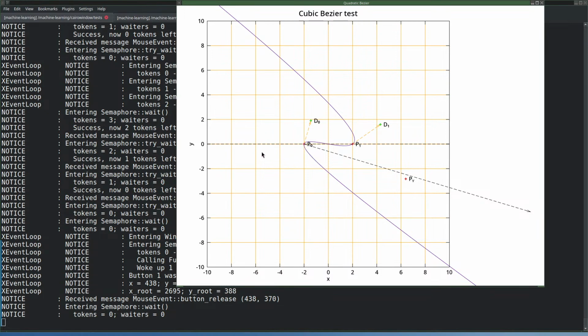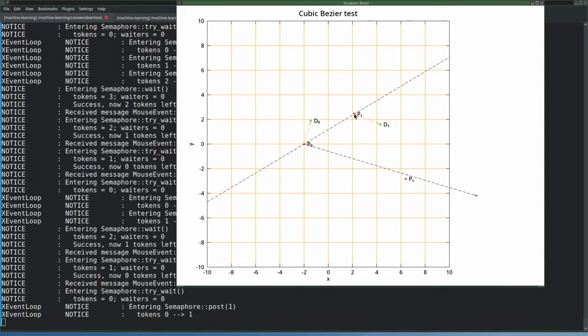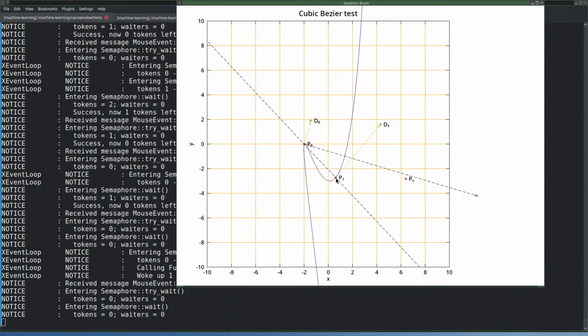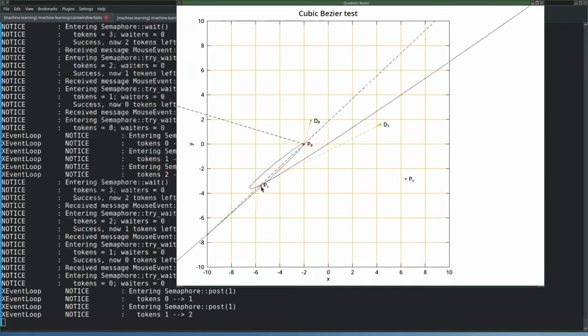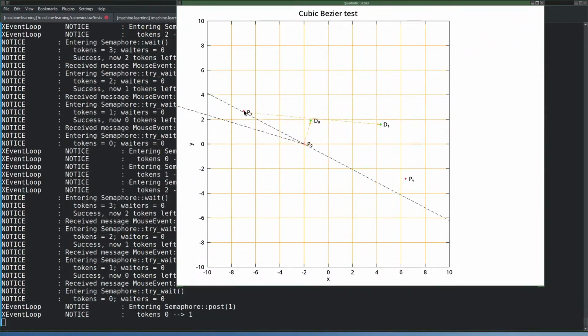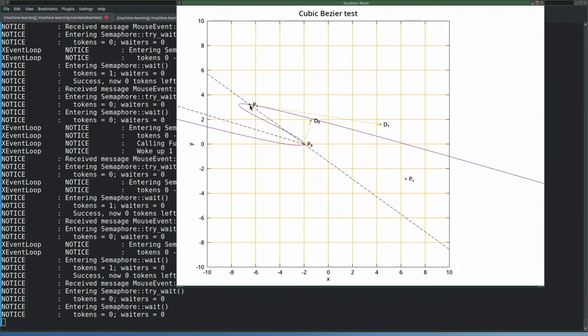And of course, if it is curved the other way, then it should point the other way. It should always point in the direction wherever it curves around. Can I make it curve the other way? It's a bit lame, but definitely now pointing the other way.